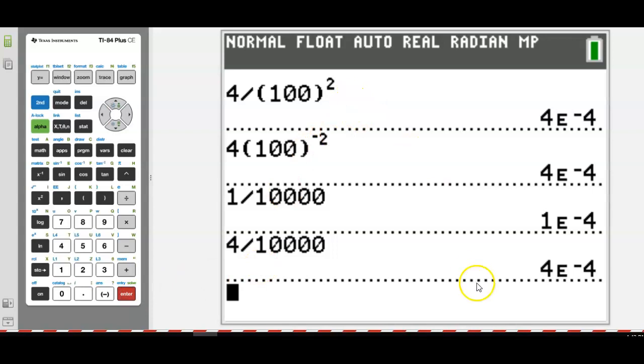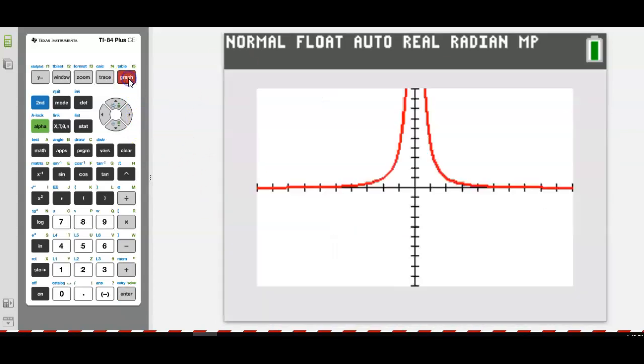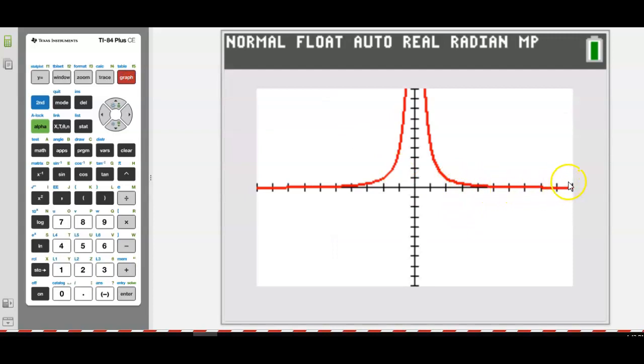So if I go out to 100, I'm still not getting 0 or a negative number. I'm getting a tiny little decimal, 4/10,000ths. So my point was, this doesn't ever touch, even though your graph looks like it does.